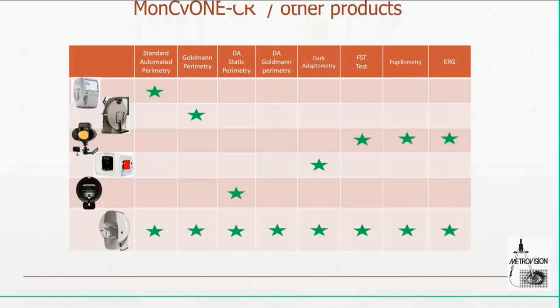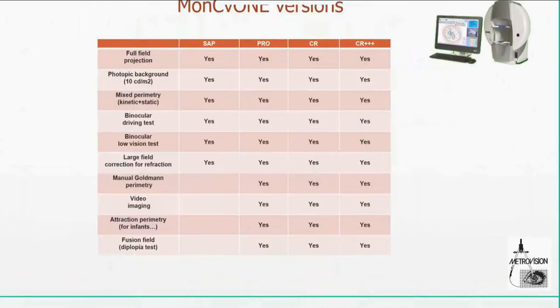And the MonCvONE-CR covers all these applications. And I think it's important because if you do a research study, maybe for one protocol, you will only need, for example, electrophysiology and pupillometry, but if you start another study, it's very likely that you will need some of the other features. So a flexible instrument is quite important.